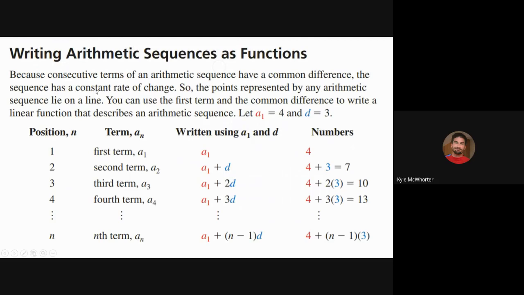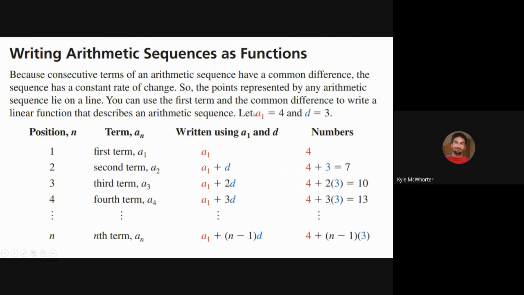That's the slope, the constant rate of change. The rise that happens every time you run a certain amount, right? That's your slope, which is the change in y for every certain change in x. So the points represented by this sequence lie on a line, and you can use the first term and the common difference to write a linear function that describes the sequence.